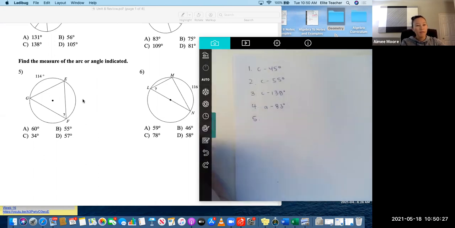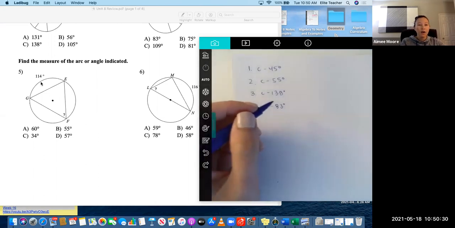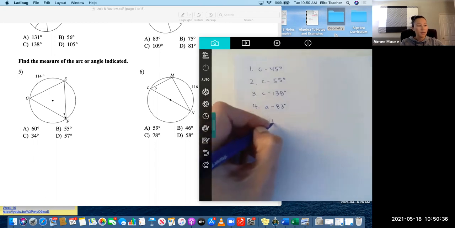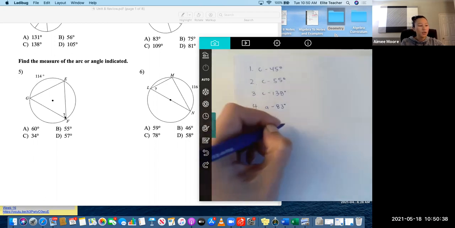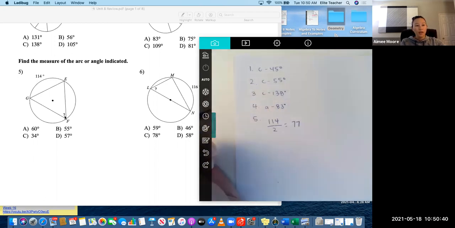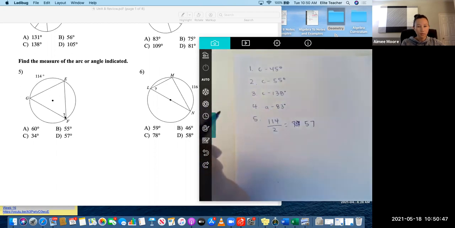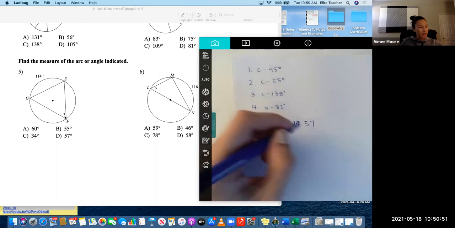So number 5, we have our arc is 114, which means the angle is half of that. So we would do 114 divided by 2. Oh, that's not 77. Is that 57? I think that's 57. 50 and 50 is 100, and then 7 and 7 is 14. Yes.